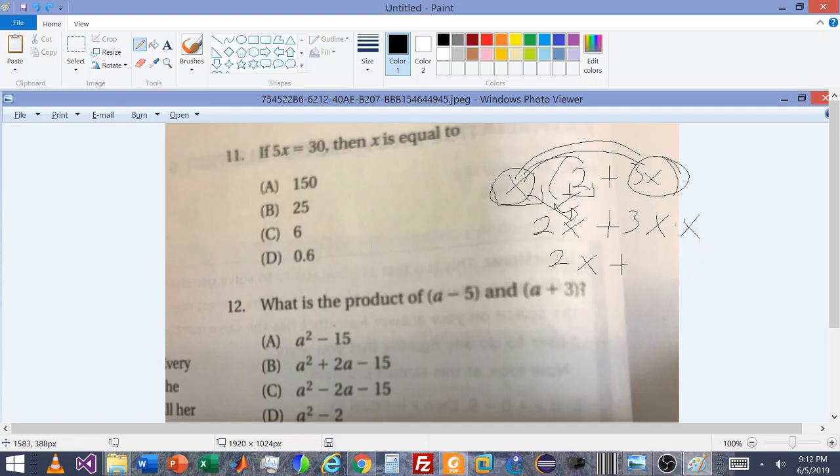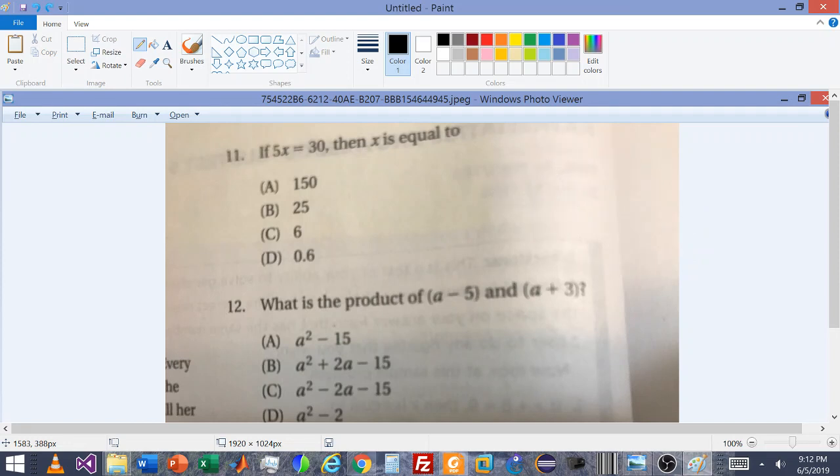Okay, now let's do multiplication, a product of two portions in parentheses with variables. For example, these guys: a minus 5 times a plus 3. Right off the bat we get some fun, and you might have heard FOIL, first, outside, inside, last.